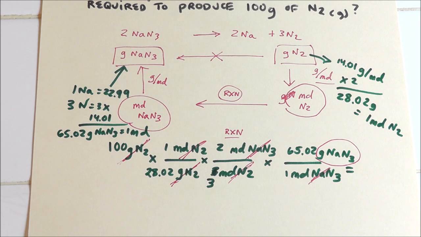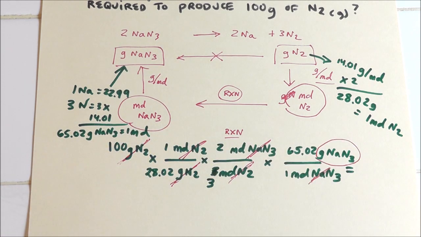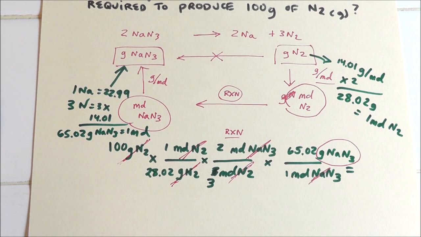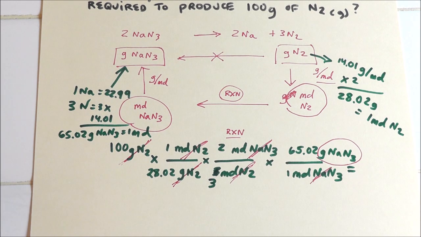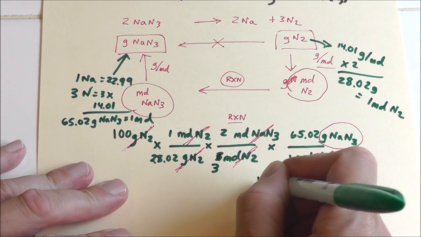And so all I do now is multiply out the top, divide by the bottom, so it would be 100 times 2 times 65.02, and then divided by 28.02, and then divided by 3. And of course divided by 1, but that doesn't really matter. And then we can look at that and ask, does that make sense? Well, it don't not make sense. I'll tell you why.